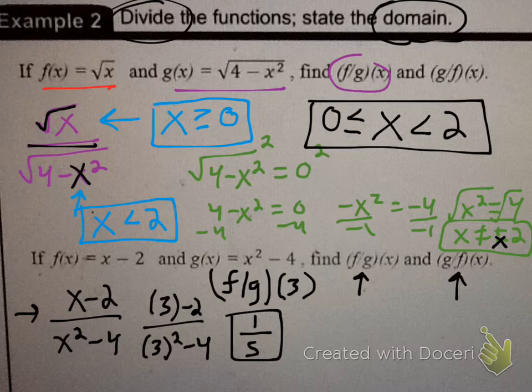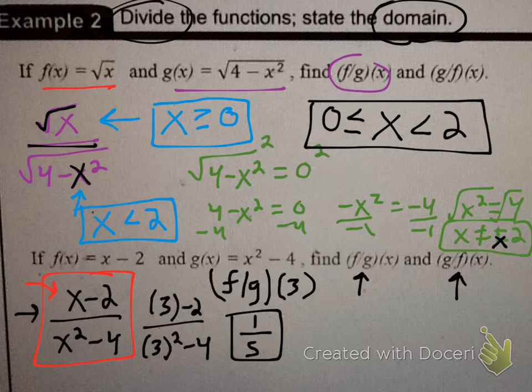I'm going to come down here and look at our restrictions for this problem that we did earlier. So, are there any restrictions on the top? No. There's no radical, and so I don't have to worry about negative numbers. Any number I pick in the world, I can substitute in for x and get a real number. So I don't have to worry about that.